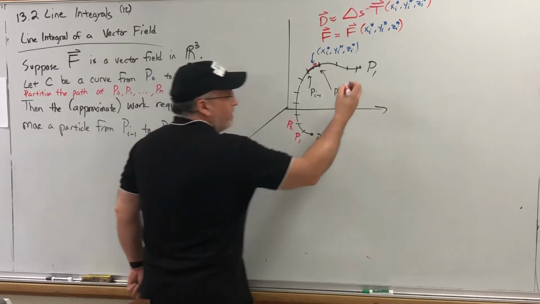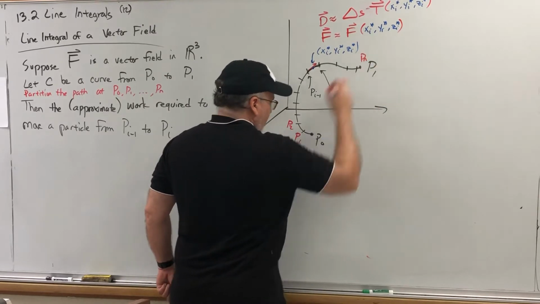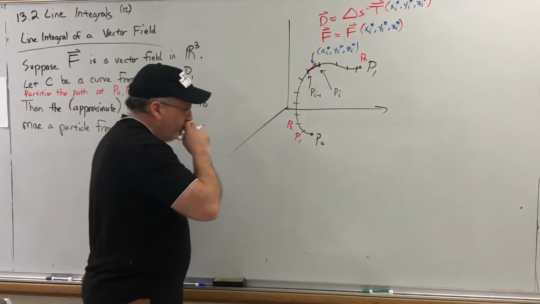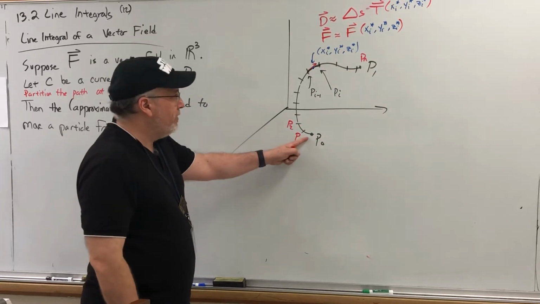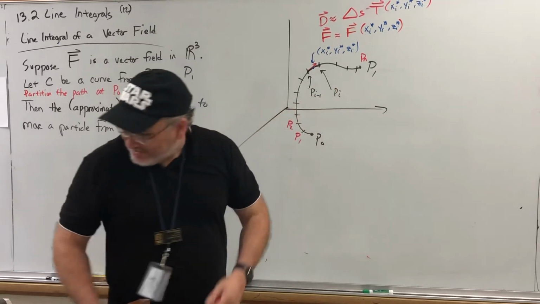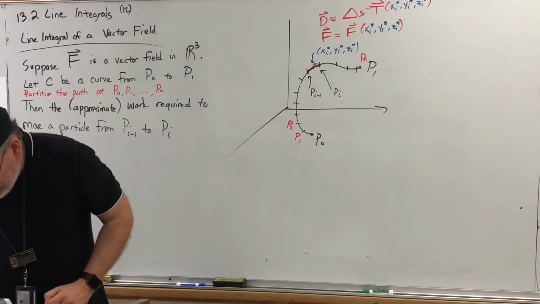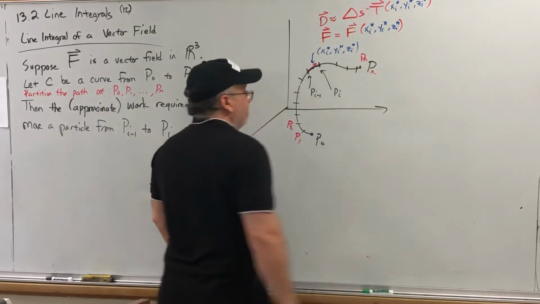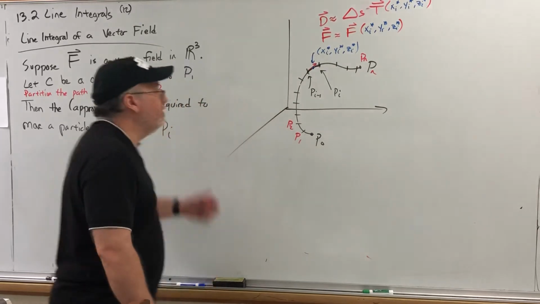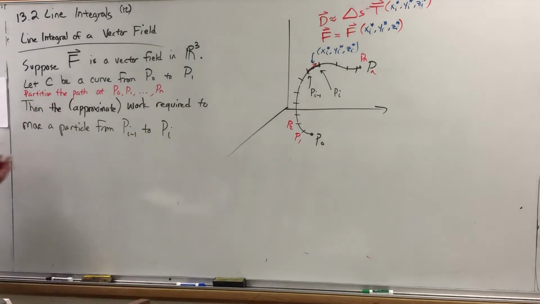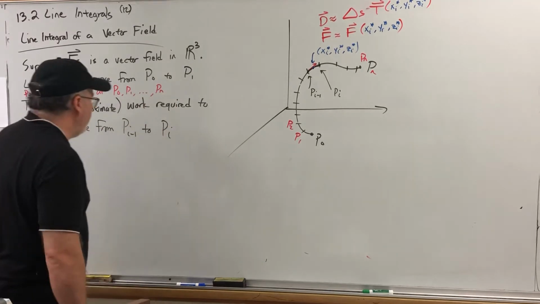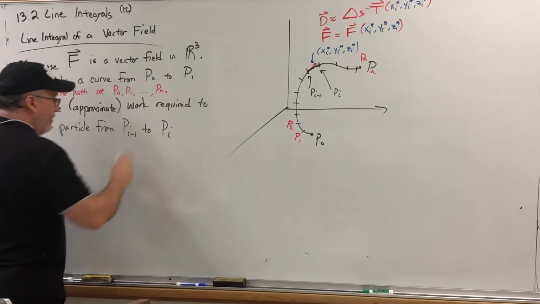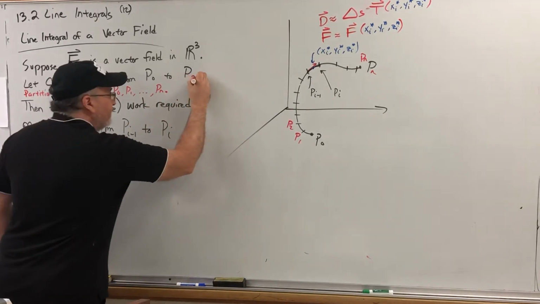Actually, I shouldn't say P1 because I call this P1 with the partition of the arc, so we'll just call the last one Pn. But regardless, don't let the notation bog you down. We're cutting up the arc into a bunch of pieces. Let's partition the path at P0, P1 all the way to the last point, so we'll change this to n.